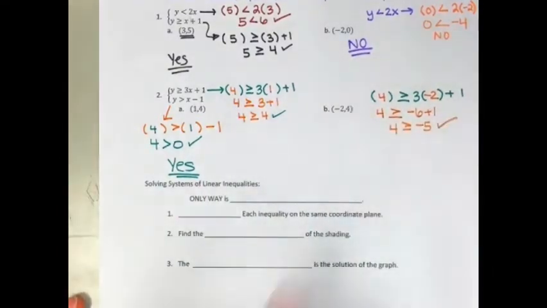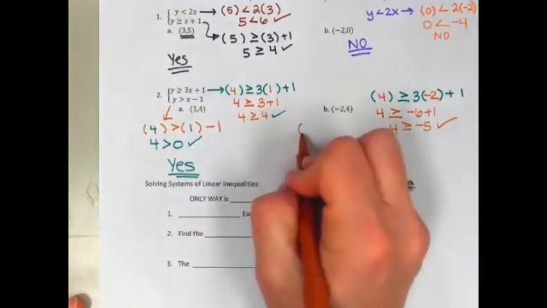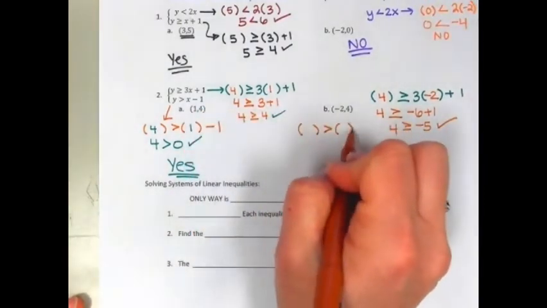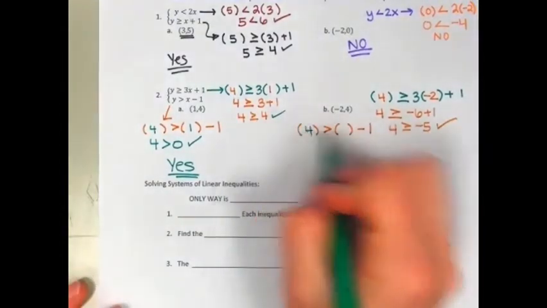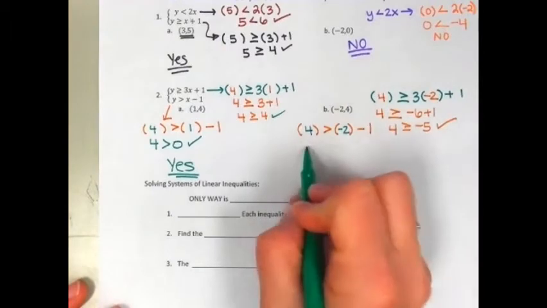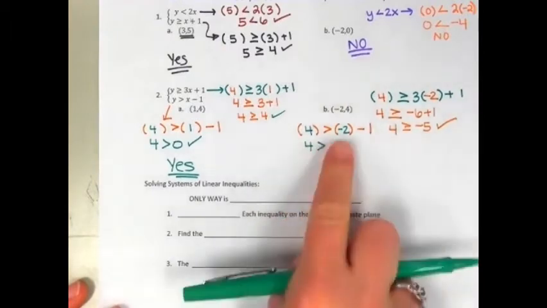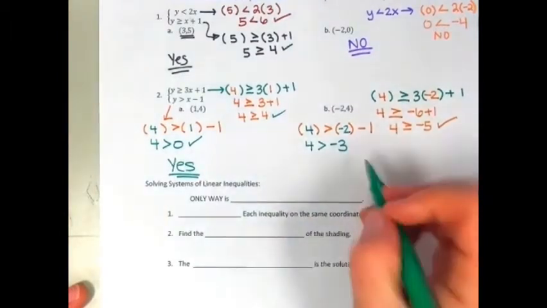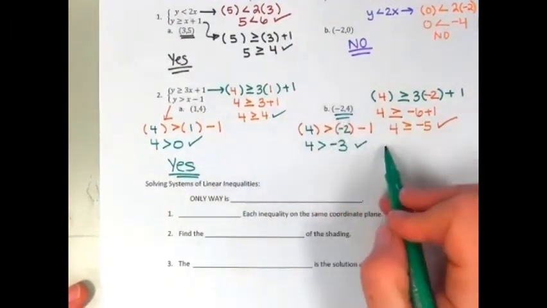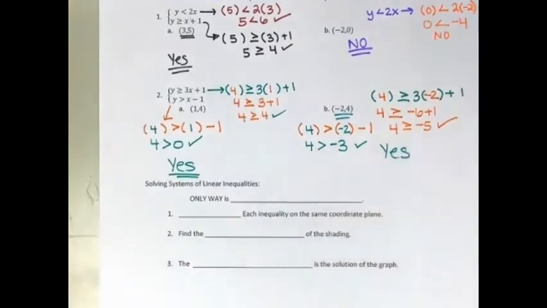Yes. Let's check the other one. So is y greater than x minus 1? And what's my y? 4. And what's my x? Is 4 greater than, what's negative 2 minus 1? Is 4 greater than negative 3? Yes. So is this also a solution? Yes, it is.